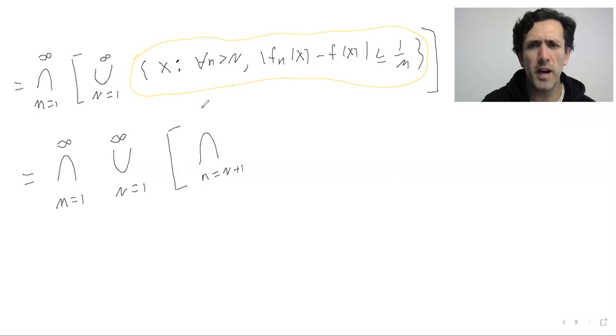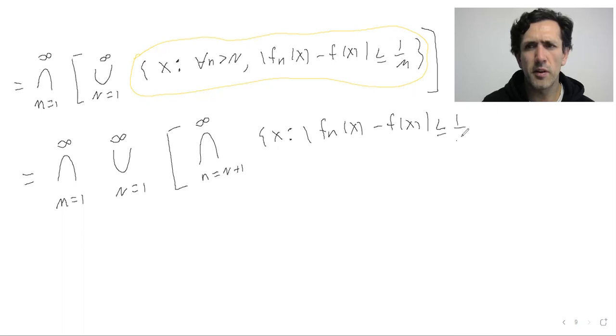So we can quantify that by saying x is in the yellow set if it's in all of these sets.